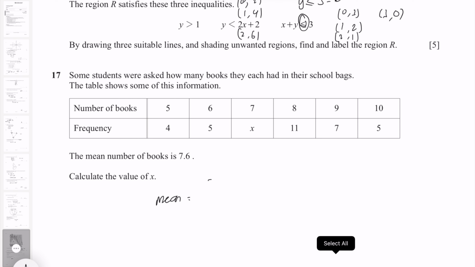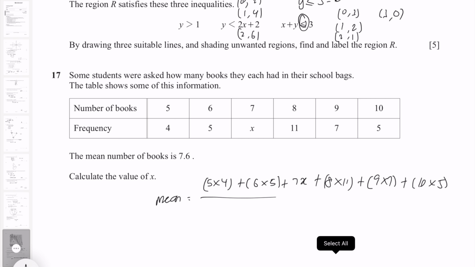So that's 5 times 4 plus 6 times 5 plus 7x plus 8 times 11 plus 9 times 7 plus 10 times 5, all over 4 plus 5 plus x plus 11 plus 7 plus 5.